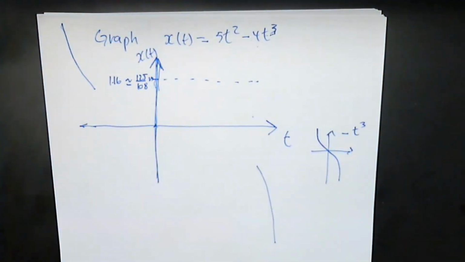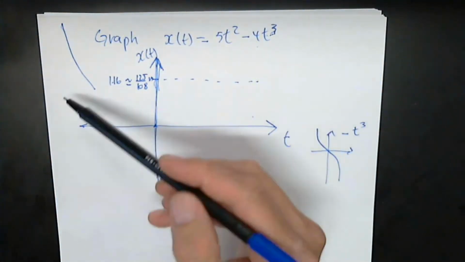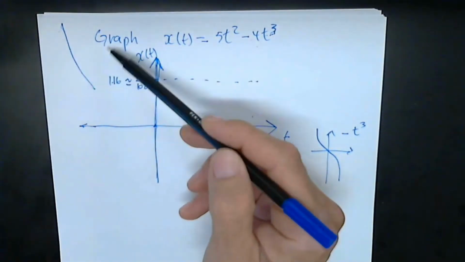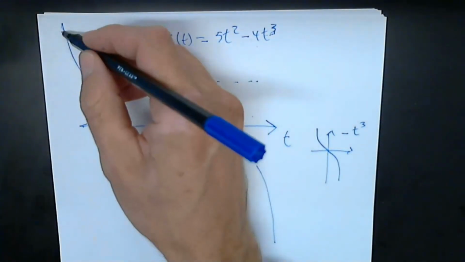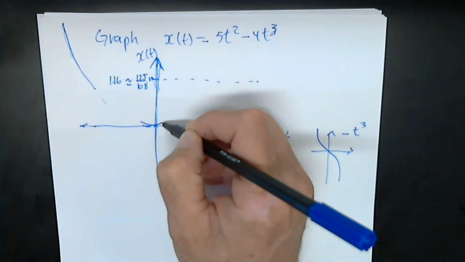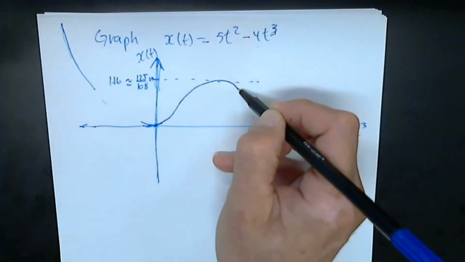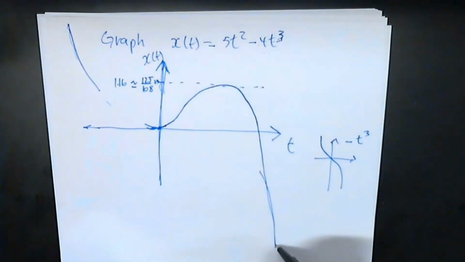You know that's the shape of minus t cubed, and that is the term that this part doesn't happen in reality. Time cannot be negative, but you know it's coming from here, so it has a minimum here, because you know the velocity is 0 at 0, and then does this, and then like that.